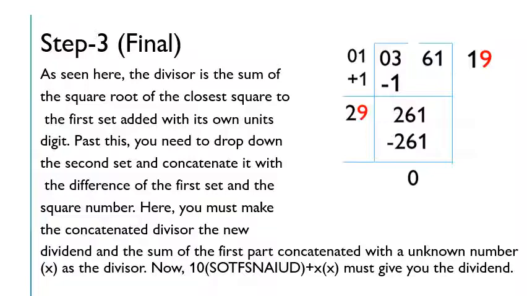Okay, and that's how you get the answer. So in this case, 29 into 9, both have the same units digit. When 29 is multiplied by 9, you get 261, and then the final answer is 19.